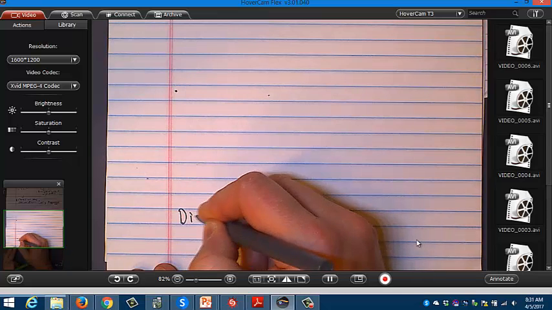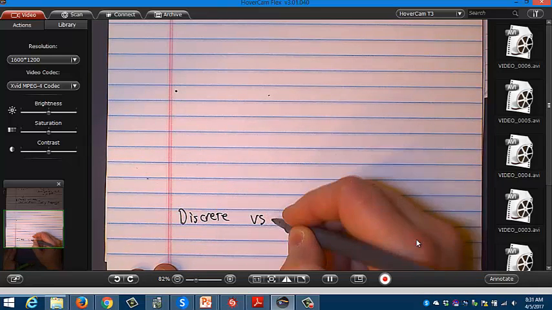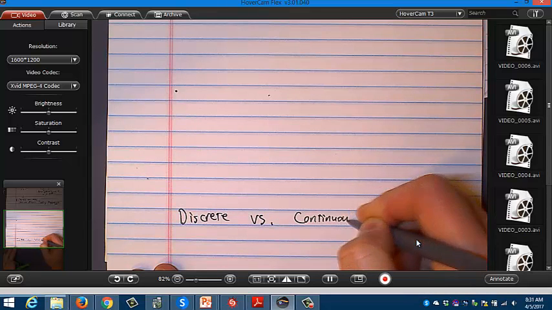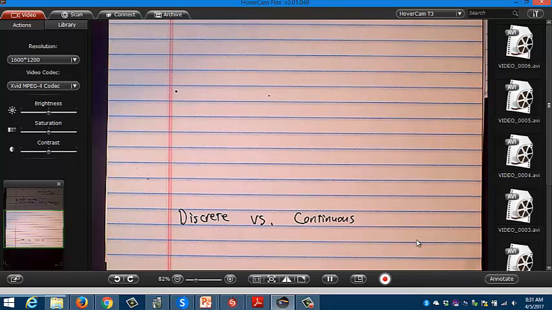So I want to talk about these 2 words. You've seen them, but we haven't really. Discrete versus continuous. Okay? Discrete versus continuous. You guys remember we were talking about the binomial random variable, right?